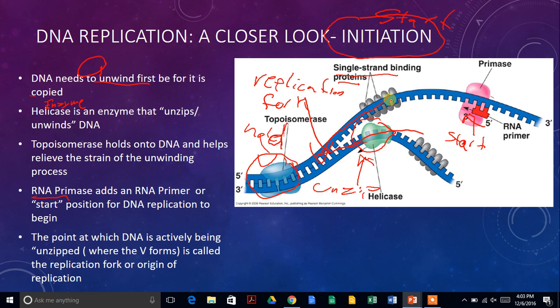The replication fork, this V right at the crux of which new DNA is being unzipped. So that's how we start DNA replication. Topoisomerase holds on, helicase unzips, forms a replication fork, primase lays down these start primers to tell where we're going to start adding new DNA nucleotides.